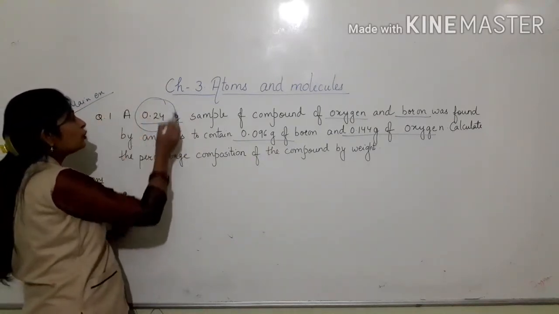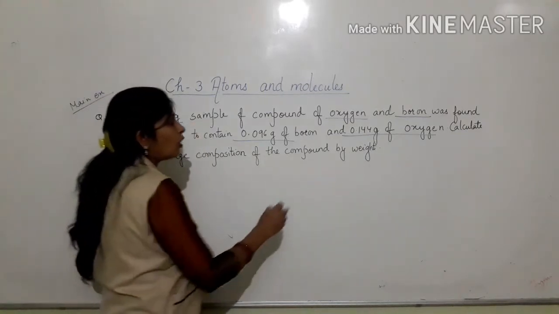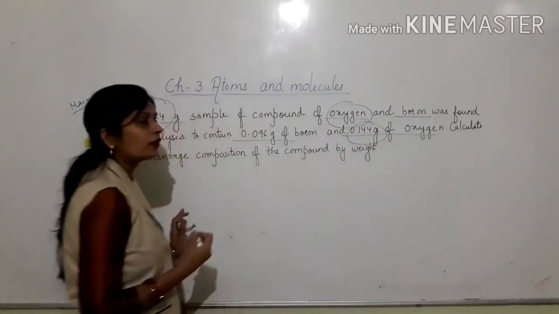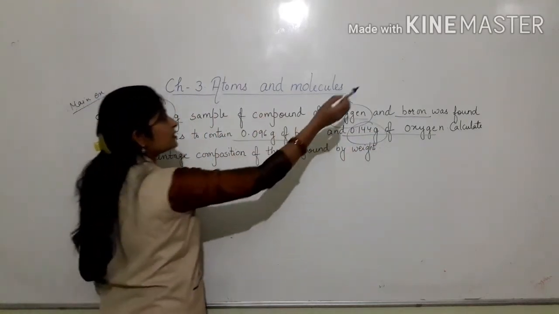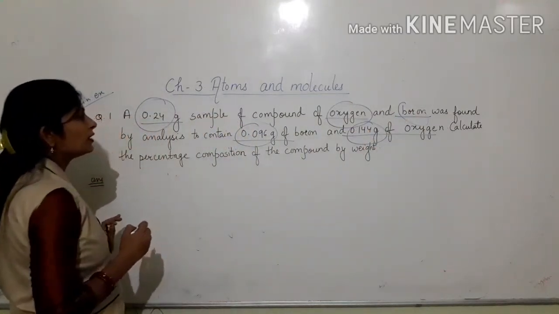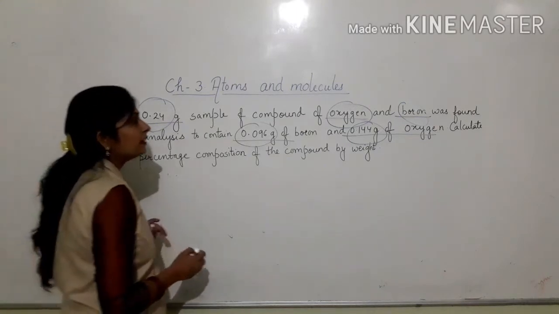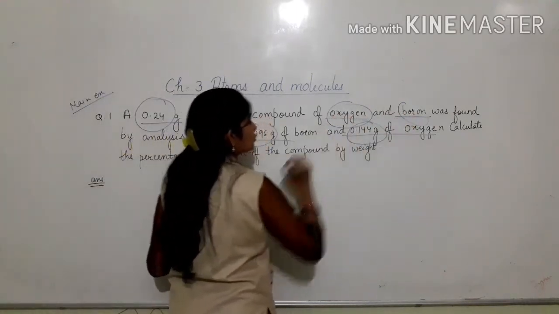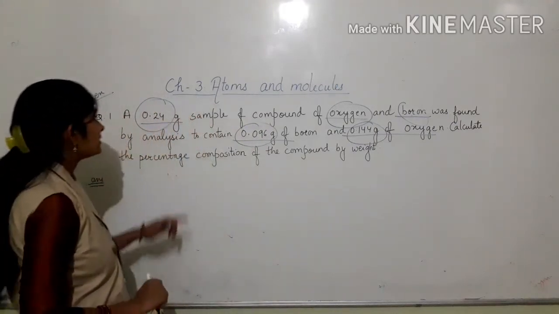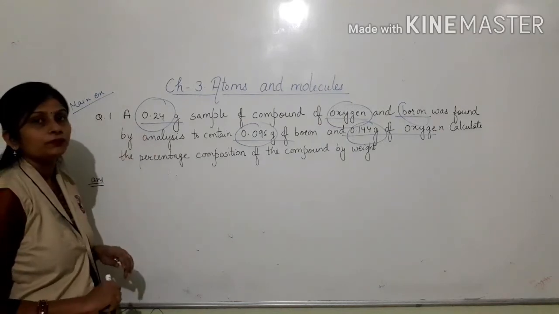So in 0.24 gram of compound, oxygen is present in 0.144 gram and boron is present in 0.096 gram. So you have to calculate the percentage of both these elements present in this sample, in this compound.